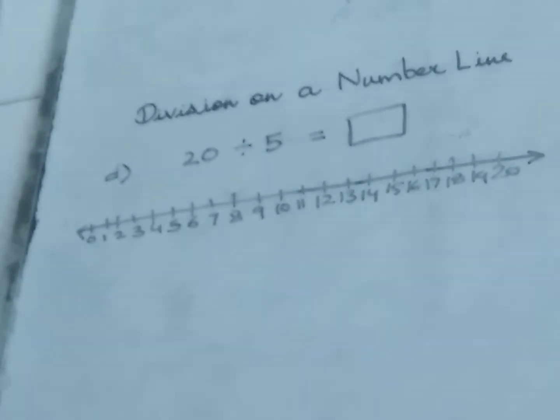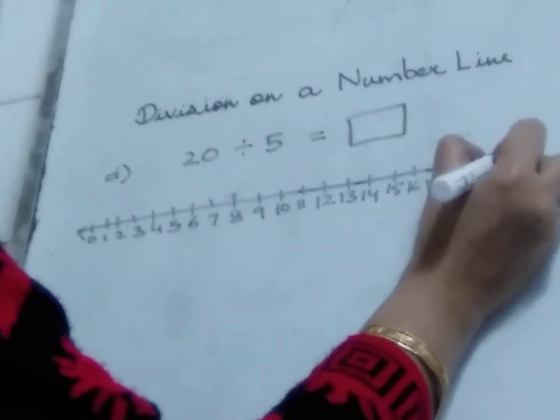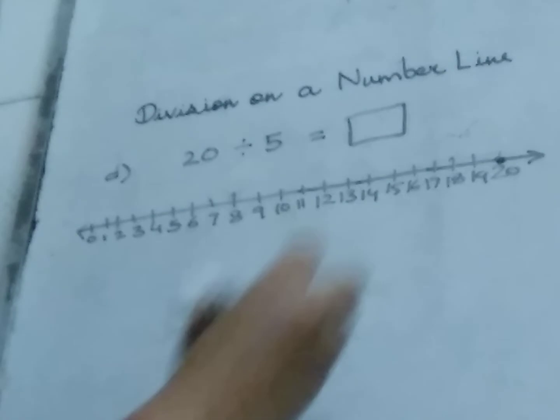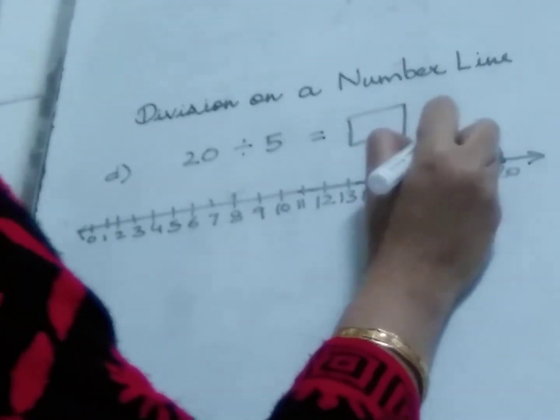Now to divide 20 by 5, start on 20. Jump backwards 5 steps at a time.